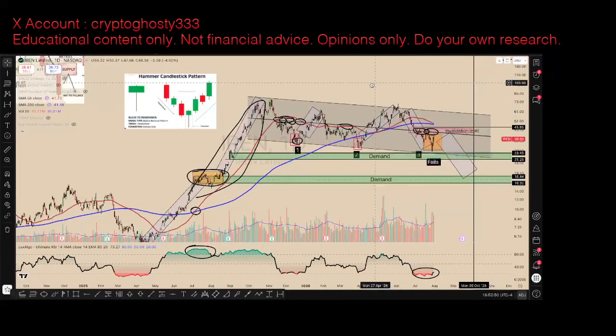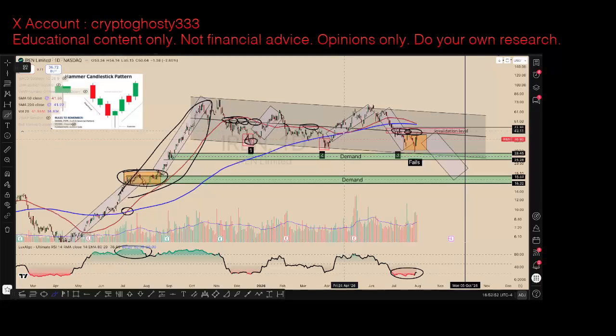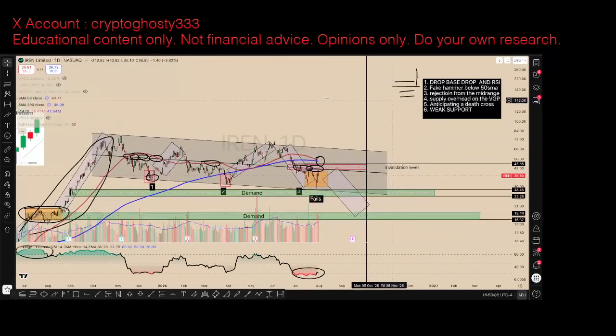But now we almost had a death cross over here, but see, we never went below. Now I'm anticipating we're eventually gonna have soon a death cross coinciding with more bearish price action.